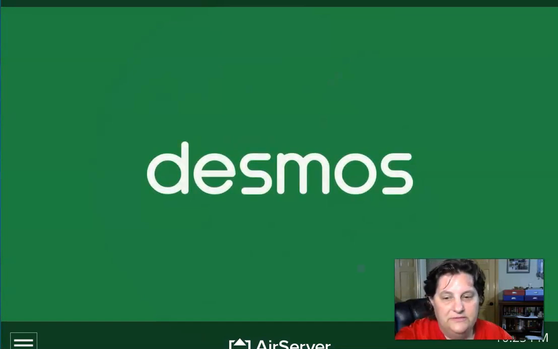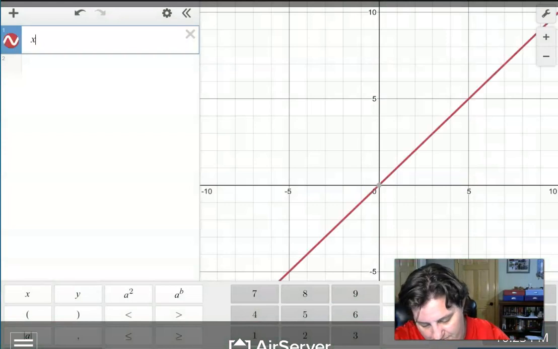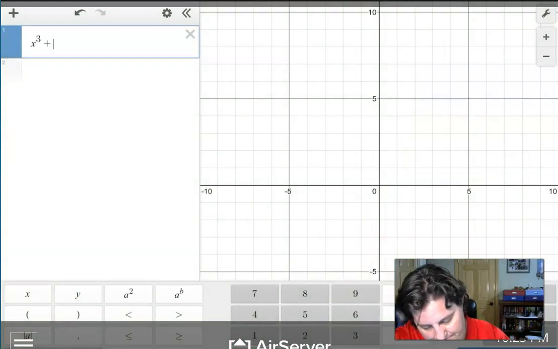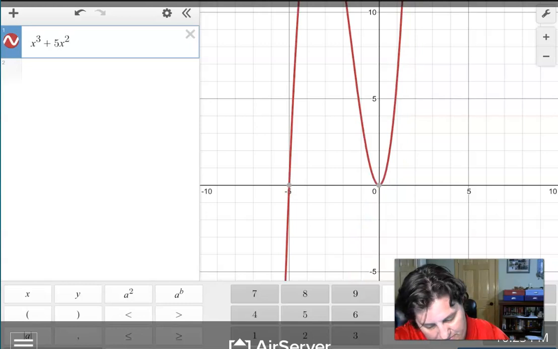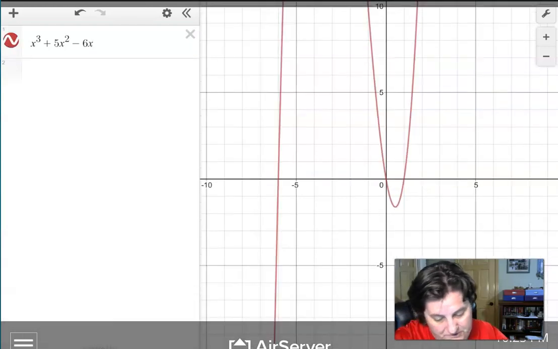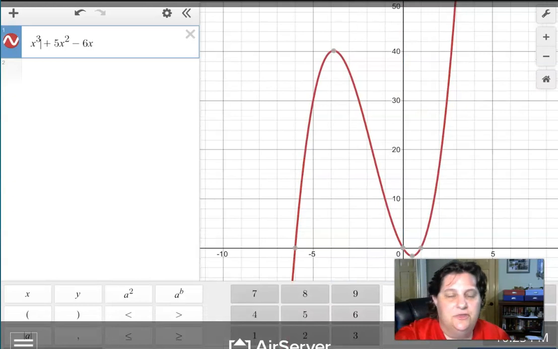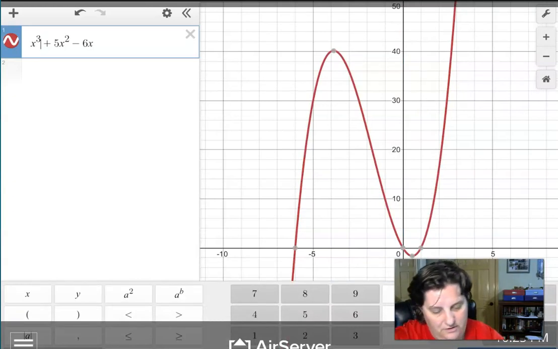So check it out. All right, let's say that I have, let me make an x to the third equation, okay? Just making something up. Minus 6x. I'm going to stop right there. That's actually a great equation. Okay, now look, guys. That's an x to the third.